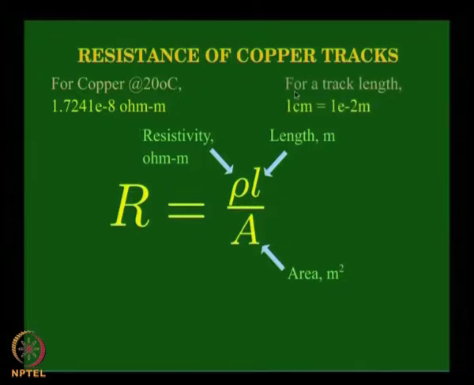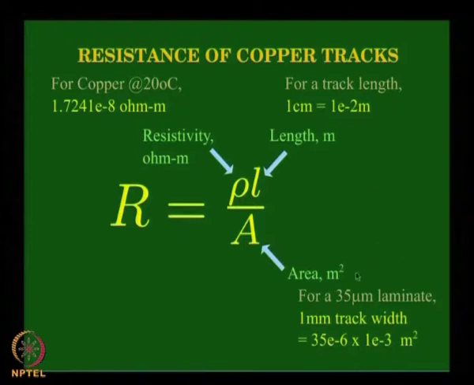Then let us try to find out what the resistance is for a track length of 1 centimeter. 1 centimeter in meter would be 1 e minus 2 or 10 to the power of minus 2 meter. And then for a 35 micron laminate, that is the copper thickness on the dielectric board, a 1 mm track width would give an area of 35 micron into 1 e minus 3, so much meter square.